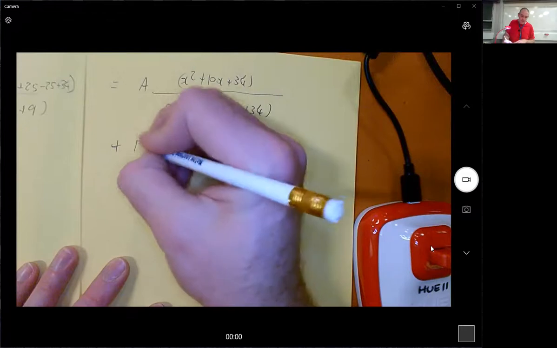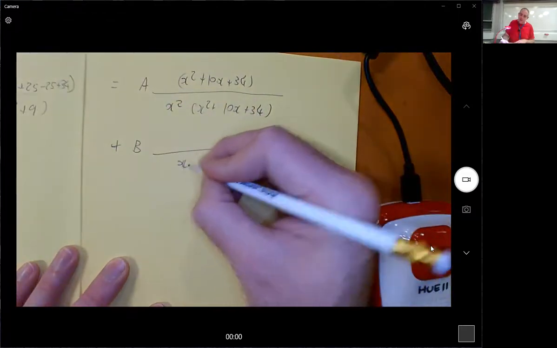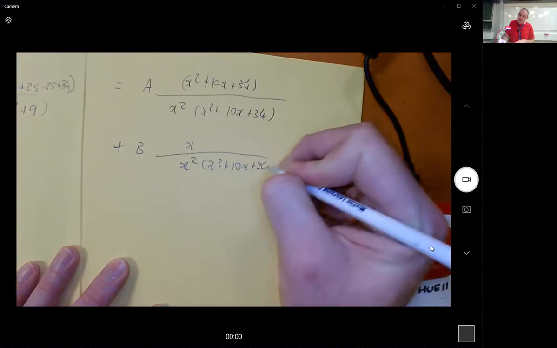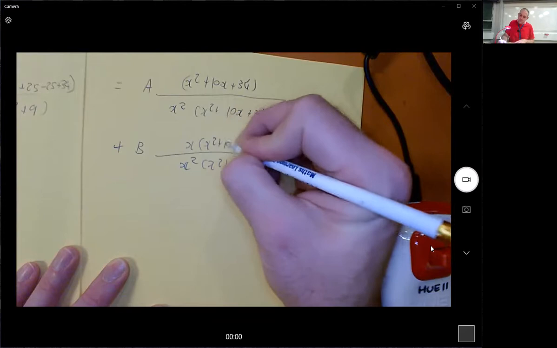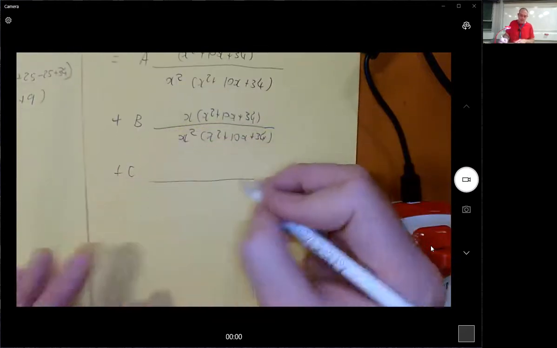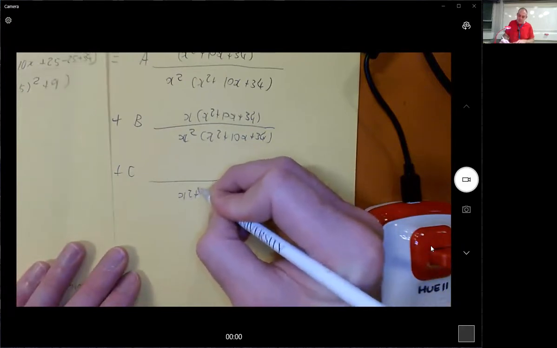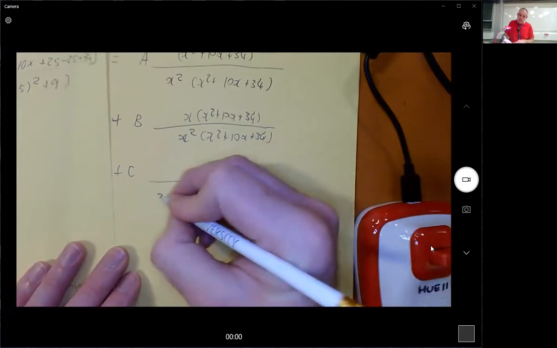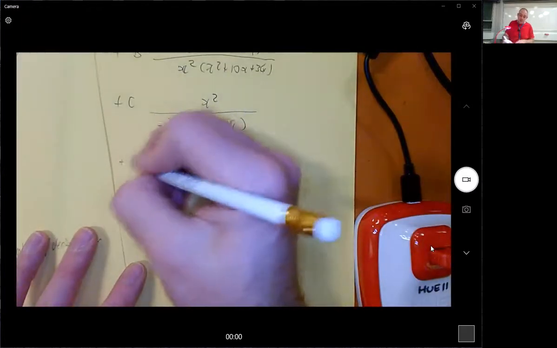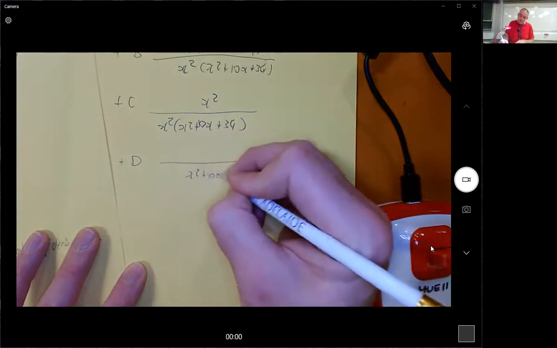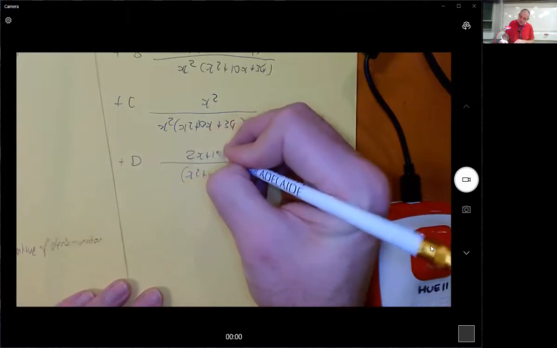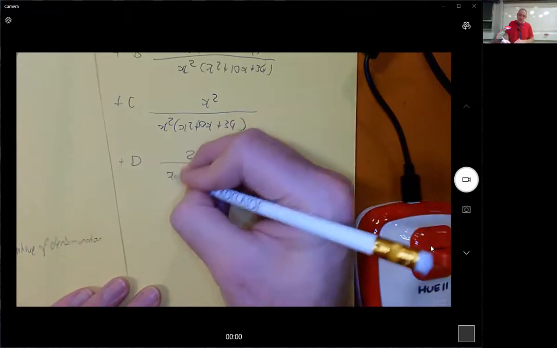And plus b, and it was a 1 over x, so I need an extra x to make an x squared, and I need the x squared plus 10x plus 34. And c, I've already got an x squared plus 10x plus 34, so I'm going to need to multiply it by x squared. And d, I've already got an x squared plus 10x plus 34, and on the top there's a 2x plus 10 already. I'm going to need to multiply that by an x squared.